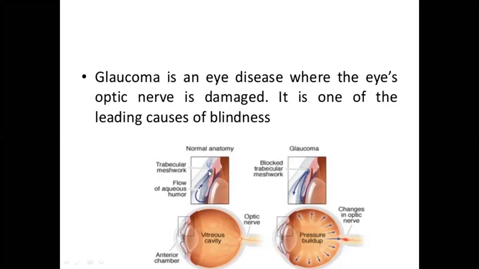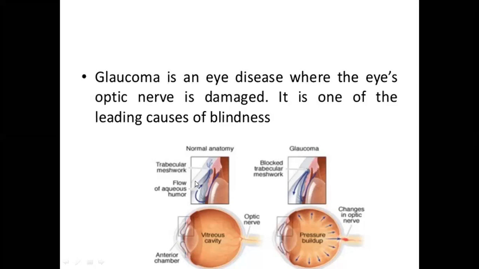So when the problem is in the trabecular meshwork and the iris is in place, the angle is open. This is called open angle glaucoma. When the iris moves and closes the canal of Schlemm, this is called closed angle glaucoma.